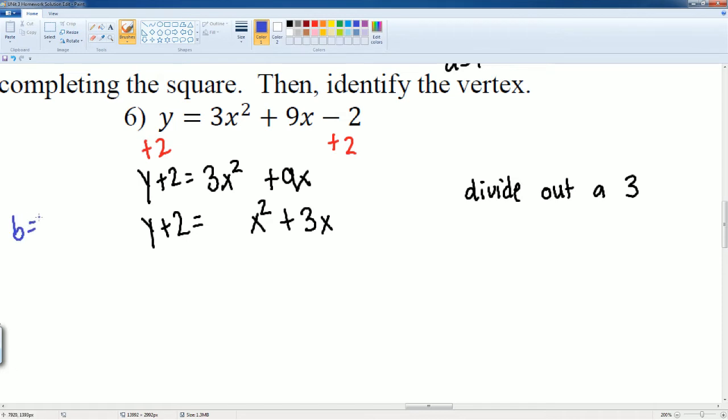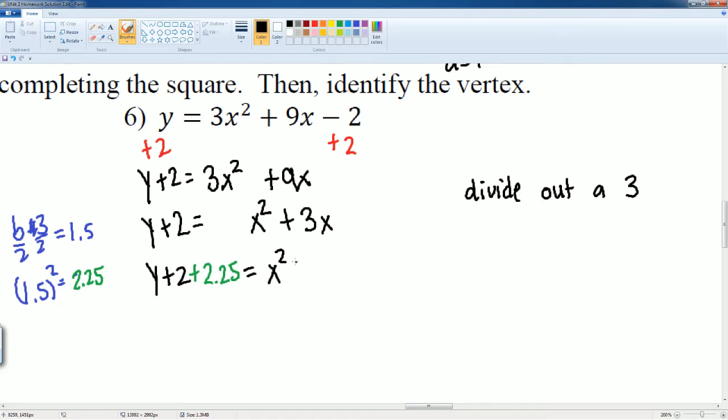So b is equal to 3. I cut that in half, so this gets me 1.5. 1.5 squared is 2.25. Now I'm going to add that to both sides. So y plus 2, I'm going to add 2.25, equals x squared plus 3x, and now I'm going to add 2.25 here.